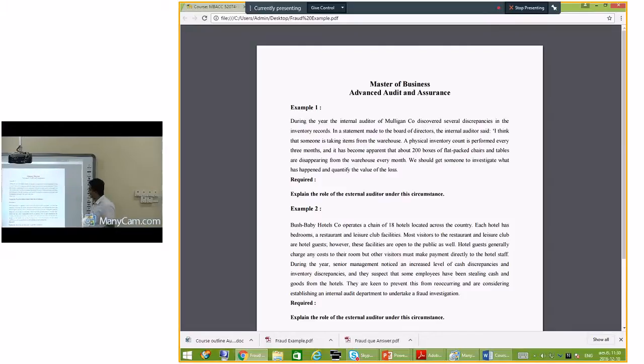Right. This small question is asking that the internal auditors of that particular company discovered several discrepancies in the inventory records. In a statement made to the board of directors, the internal auditor said, I think that someone is taking items from the warehouse. A physical inventory count is performed every 3 months and it has become apparent that about 200 boxes of flat-packed chairs and tables are disappearing from the warehouse every month.